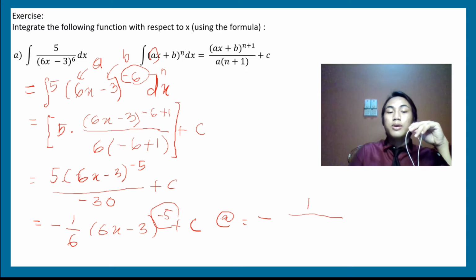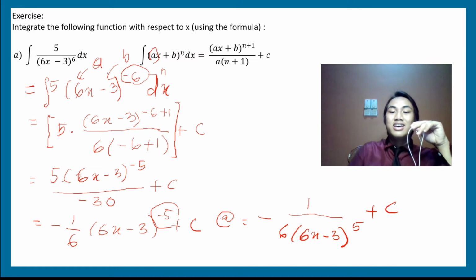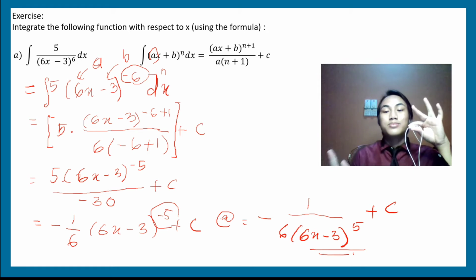So the place for the negative index or our negative power is in the below, or is in the denominator. -6 times -3 to the power of 5 plus C. That's it. So simple, right?